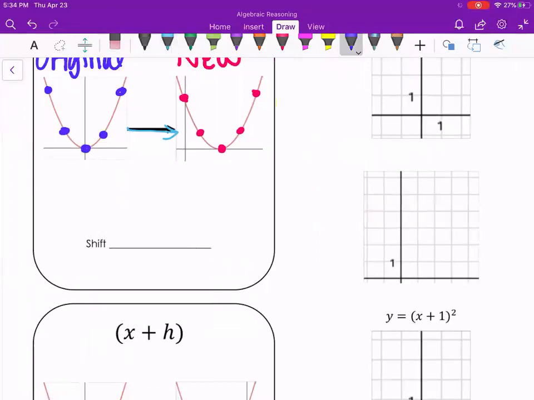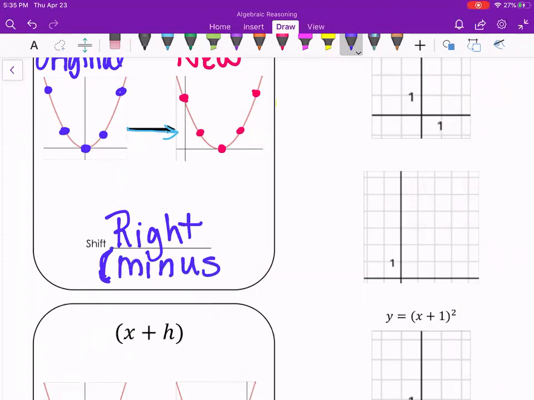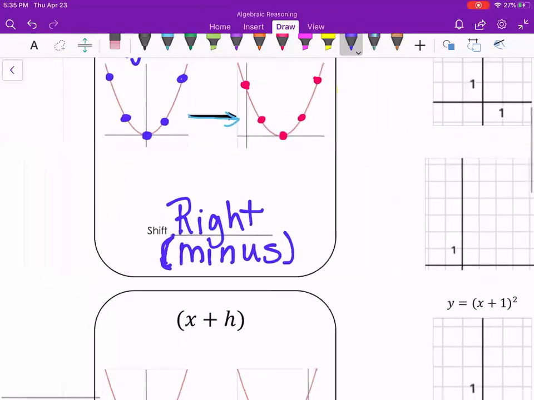So when we are looking at an x minus h, our graph is shifting to the right. So think about if it's in those parentheses, we are going to the right because of that minus. Now, one little example that I like to give kids to help remember that the minus goes to the right instead of, we would think normally plus goes to the right.